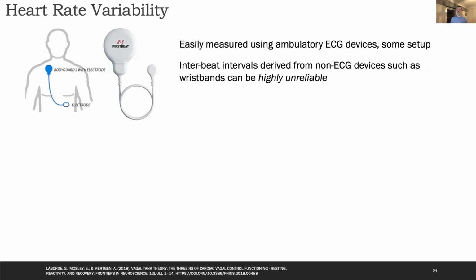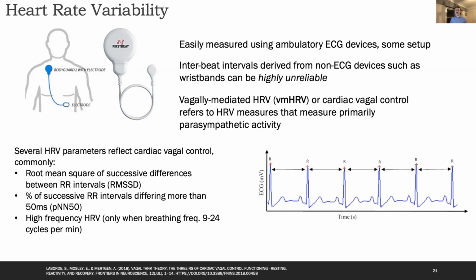I wouldn't recommend using wristband devices for measuring heart rate, not for the accuracy that's needed to measure heart rate variability. Your Fitbit isn't going to cut it for a scientific inquiry into heart rate variability. There's a few different measures that people extract.